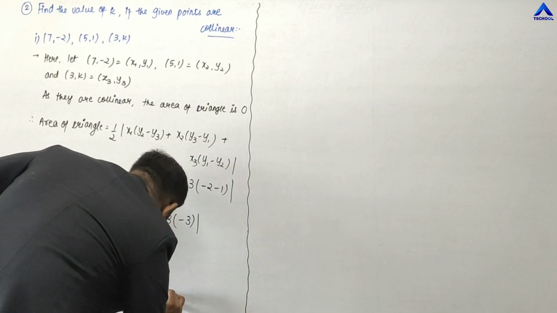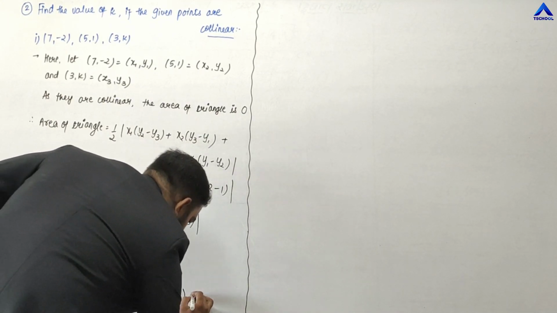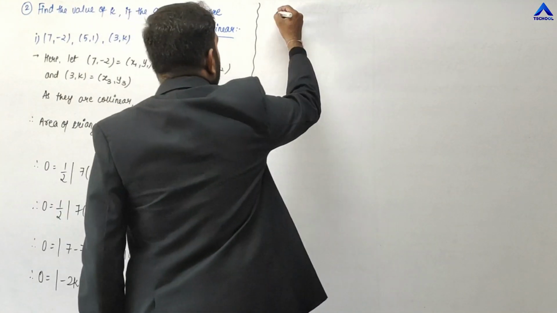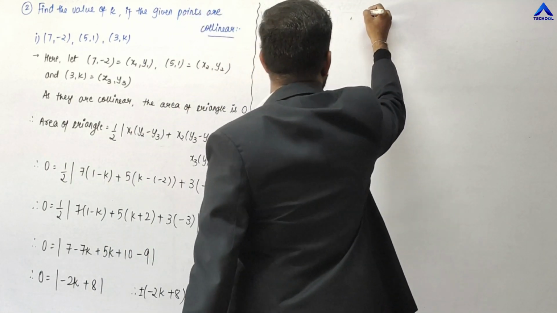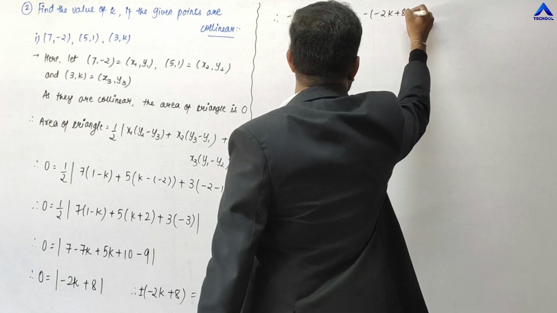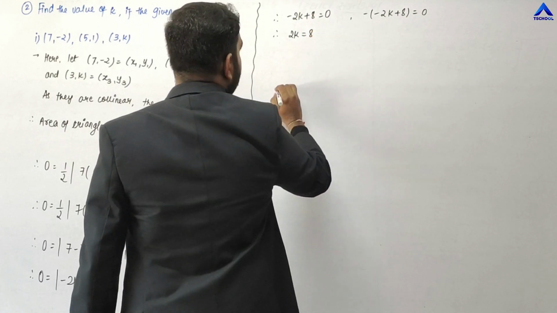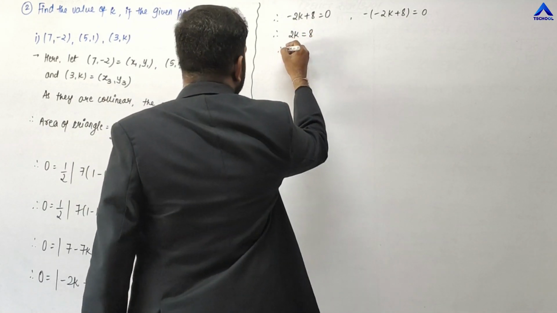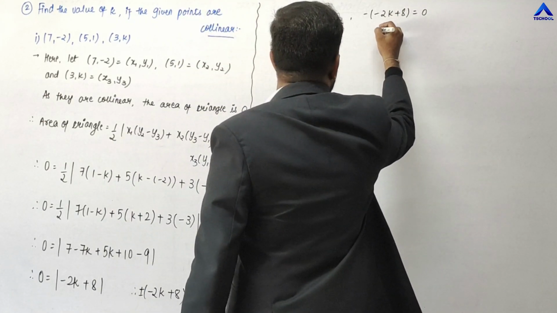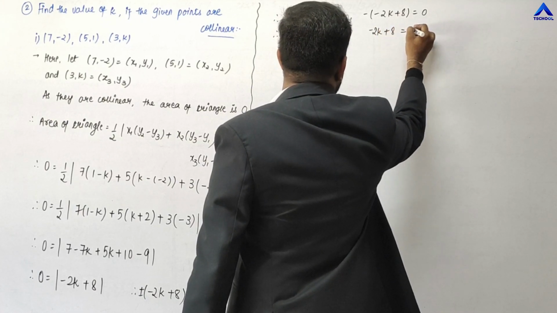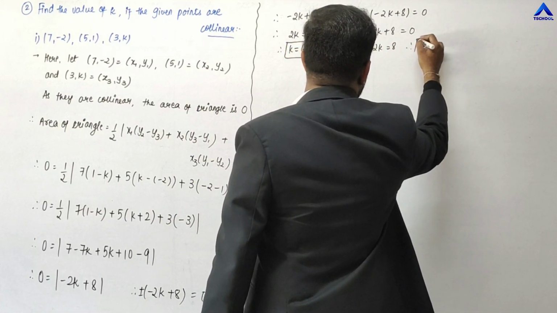Therefore, either minus 2k plus 8 equal to 0 or minus of minus 2k plus 8 equal to 0. Therefore, 2k equals to 8 and hence k equal to 4. And here if I take, that is again minus 2k plus 8 equal to 0. Therefore 2k equal to 8 and hence k equal to 4.